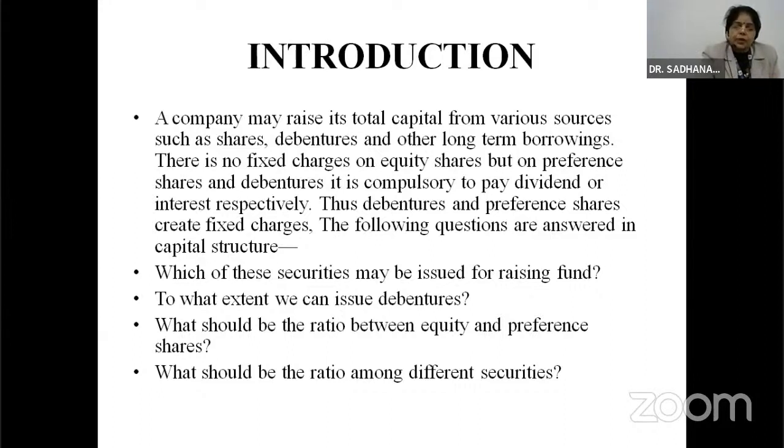Next, what should be the ratio between equity and preference shares so that we get the maximum benefit for the company. And last, what should be the ratio among different securities like shares, debentures or long-term borrowings, what combination we have to use, so that the ultimate aim of the company, which is to maximize the shareholders' wealth at a minimum cost, can easily be fulfilled.